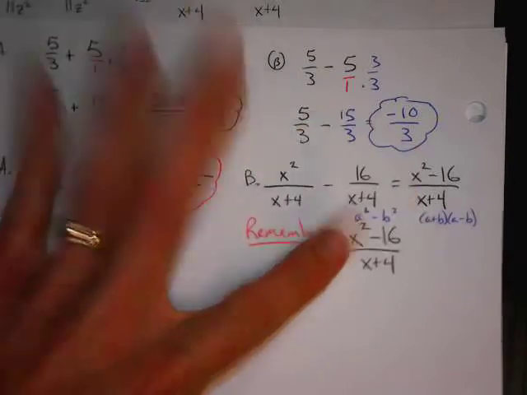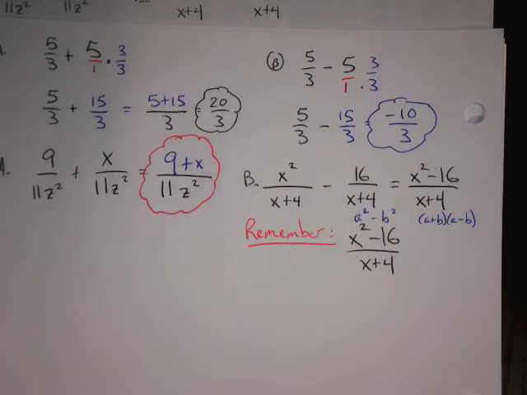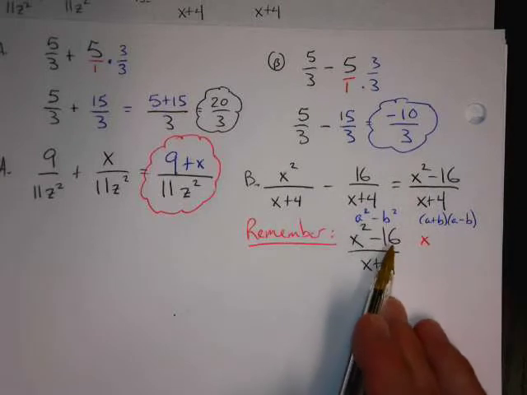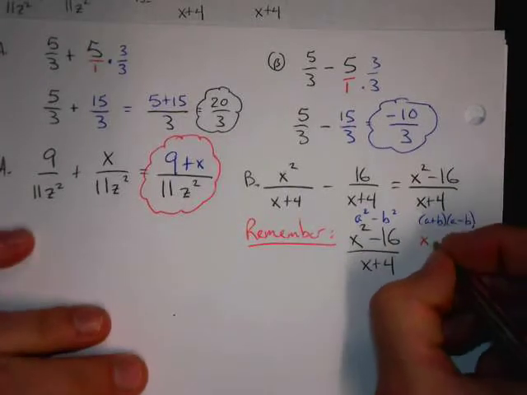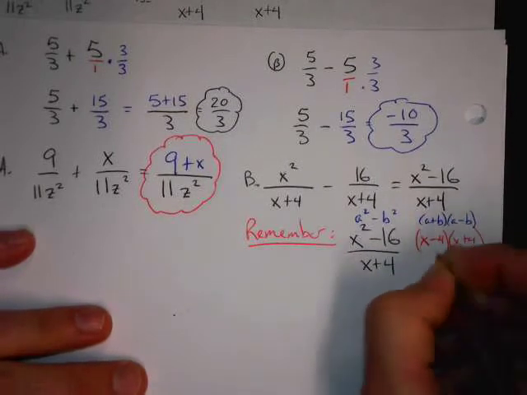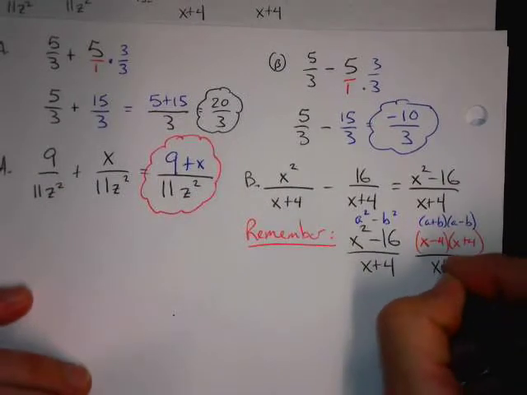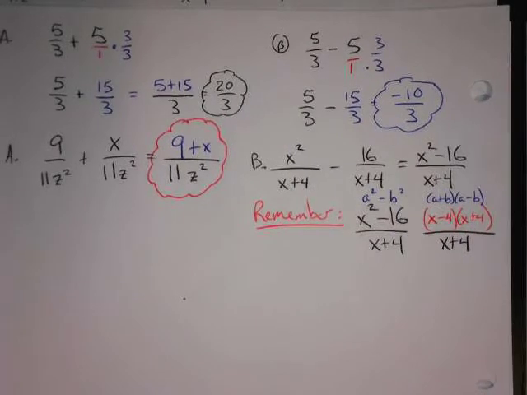So if we're looking at a difference of squares, what is the thing to the second power that gives us x squared? Of course, it is x. What is the thing that gives us 16 when it's to the second power? That, of course, is 4. So we have x minus 4 times x plus 4 because we recognize and we remember. All right, so we have this now as our expression, again, from the previous unit.